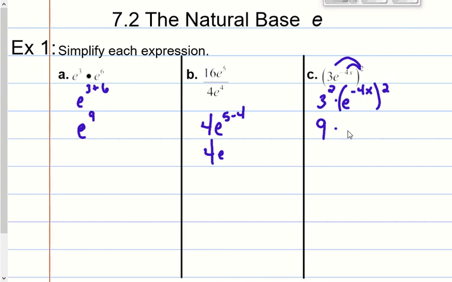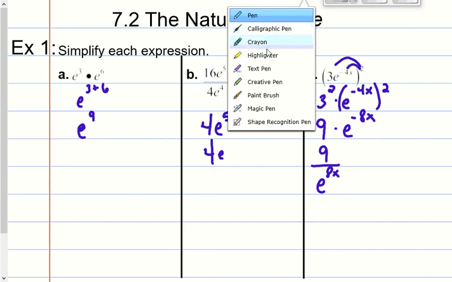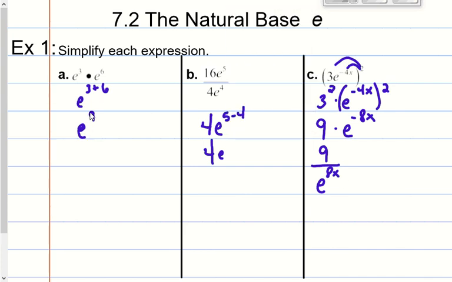You're going to multiply your powers, so you have e to the negative 8x. Since you have a negative exponent, you have to drop that down to the bottom of your fraction. So you have 9 over e to the positive 8x. So there you are just simplifying each of those.